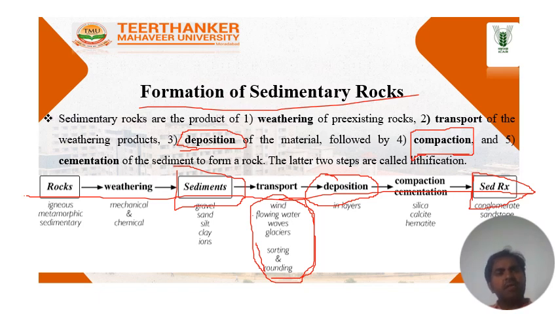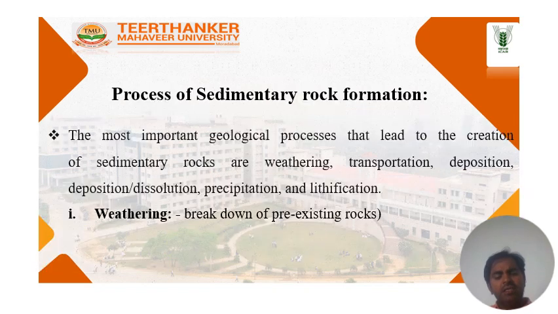Either you can say sand, then silt, and then clay particles settle down, and after settling, the particles are cemented and compacted. So that is why it is found in layer-wise rocks. This is the most important thing regarding the formation of the sedimentary rocks.